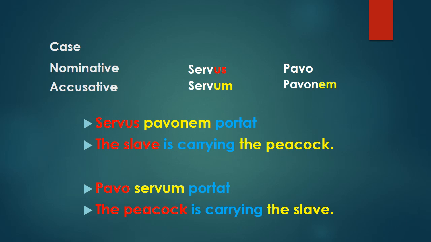Servum has a um ending. Pavonem has an em ending. So even though servus and pavo are functioning the same way in the sentences as indicated with the nominative case, and servum and pavonem are both the objects in the sentences in the accusative case, they have different endings.